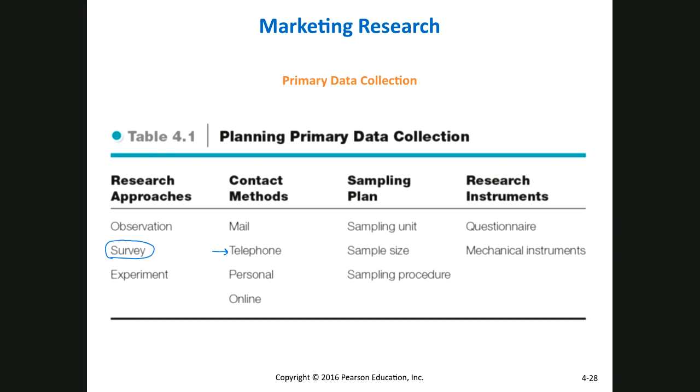Or are we going to post it to Facebook and ask everybody on Facebook to send this to a friend of yours? Are we going to mail it to people and have them fill it out with pencil and paper? Each has pluses and minuses. And then we decide our sampling unit, size, and procedure.